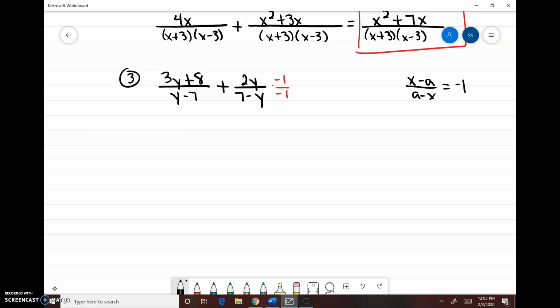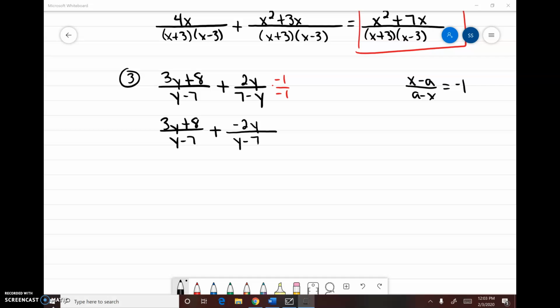And so what that's going to give me is the first one stays the same, 3y plus 8 over y minus 7 plus, well, now this becomes a -2y, and on the bottom the signs change. So it gives me my y minus 7.